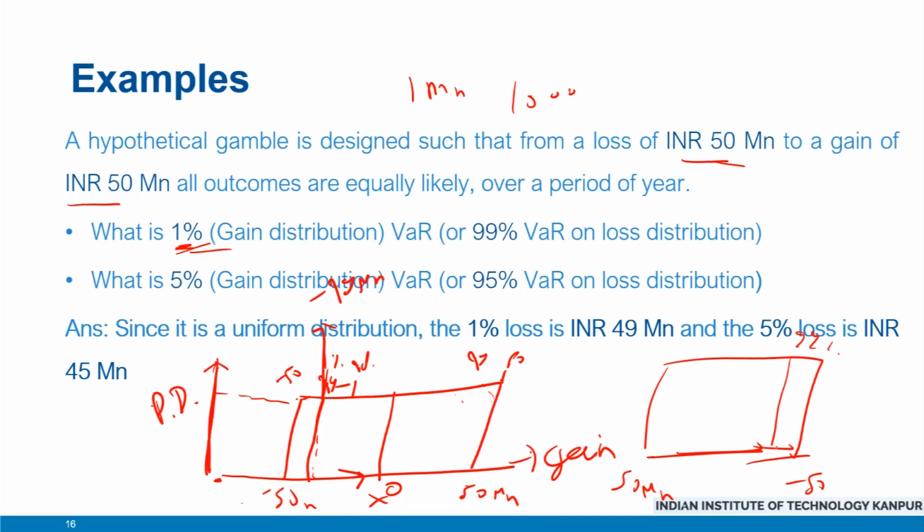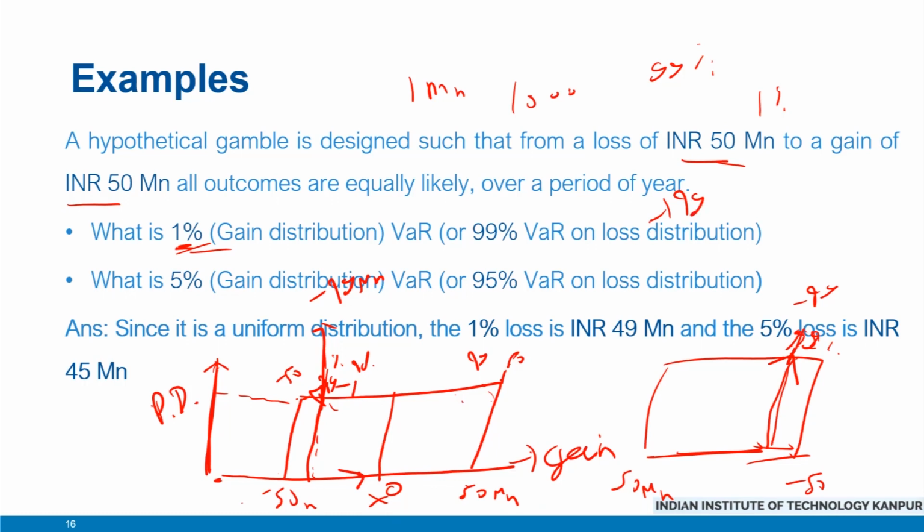Or if I'm looking at the loss distribution, I'm looking at this 99 percentile cutoff, which is again a 49 million rupee loss. So either I look at the gain side or the loss side. If I want 99% confidence, then I'm looking at 1% on the gain side, or 99% on the loss side, and both values are the same: a 49 million loss.